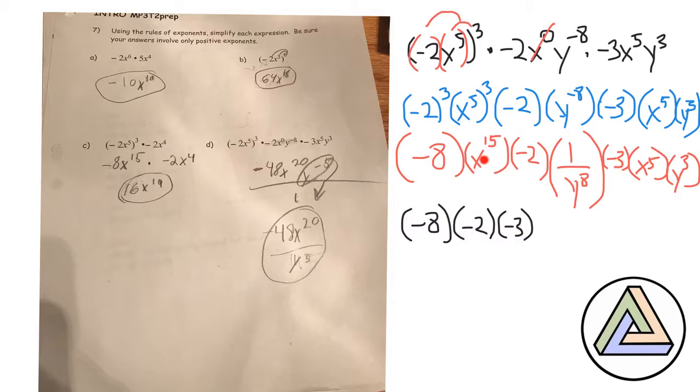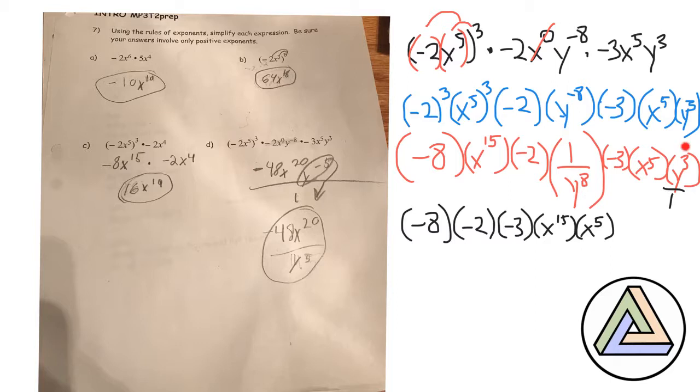Now we've got x to the 15th and x to the 5th, and we could do that in our head, but I'm a fan of doing these intermediate steps to avoid careless mistakes, so we're just going to write that. And now we're going to deal with the y numbers right here. Now y to the third times 1 over y to the 8th, it's helpful to remember that y to the third secretly has a 1 underneath it.